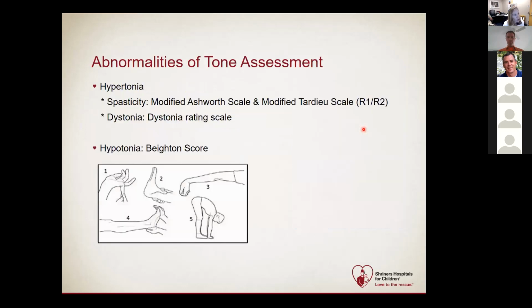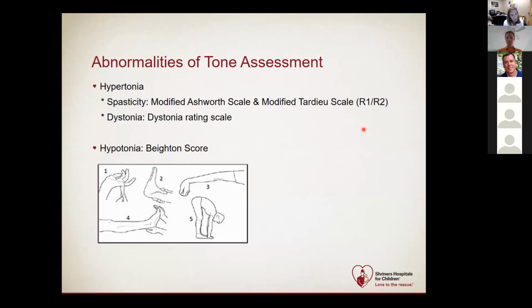So I alluded to how we assess tone. We look at spasticity in a couple different ways. One's called a Tardieu scale, like I alluded to with the popliteal angle. We'll take this kid's leg and we'll move it, and we feel a catch in the beginning and then take them up to their maximum range. So that just gives us an indication that there's some spasticity going on. There's another assessment tool called the modified Ashworth scale.